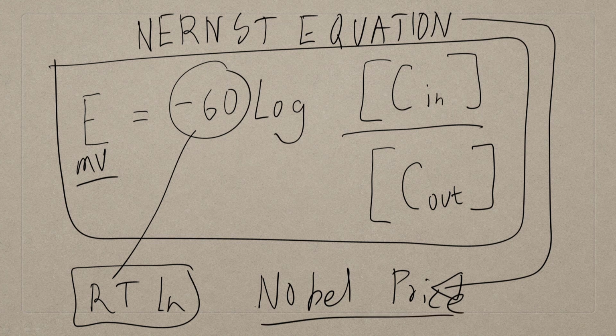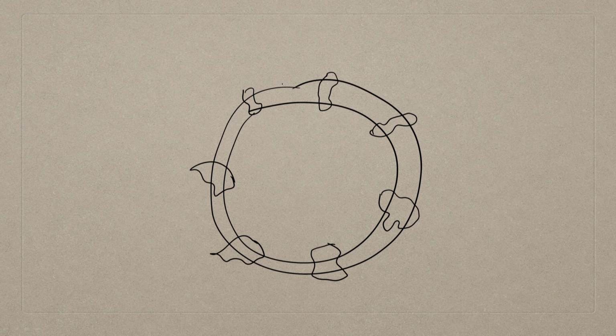What does this say? Now let's get back to the cellular equation. Here you have a cell, lipid bilayer with protein structures, something like this, right? And this is outside, and this is inside.